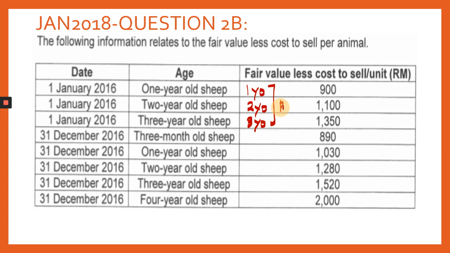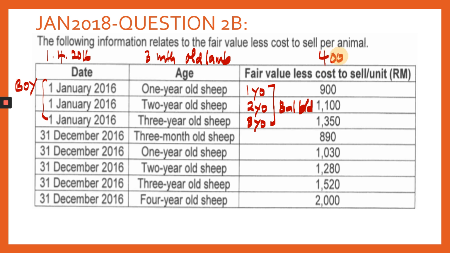This is from your balance, and this is the price as at 1st of January, which is the beginning of the year. Bear in mind you purchased one item on 1st of April 2016, the 3-month-old lamb, and the fair value per unit I have already calculated earlier was 400. So these are the prices on the date of purchase.